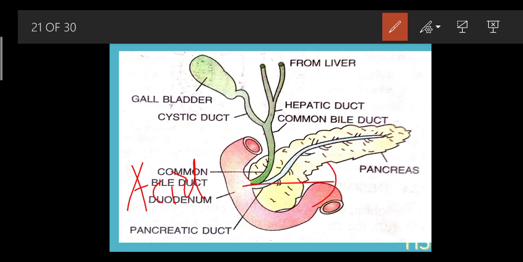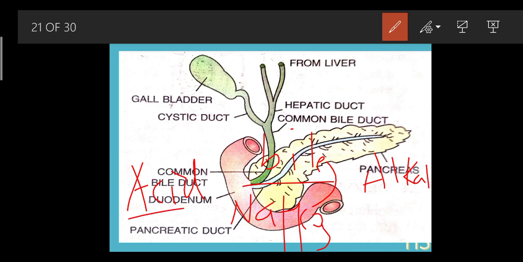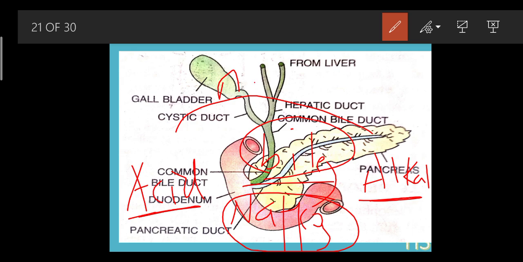So due to the bile and the presence of sodium bicarbonate, it gets converted into alkaline. So acid became alkaline. Why? Due to the presence of the bile and the sodium bicarbonate. And why does this happen? In order to neutralize.